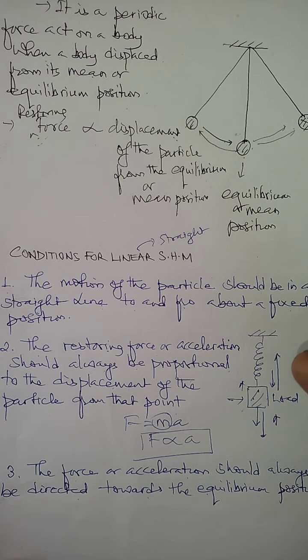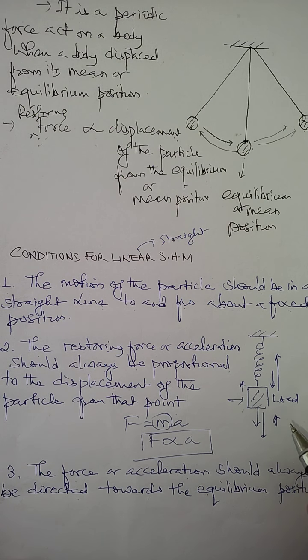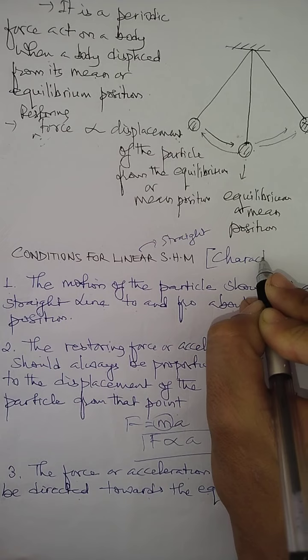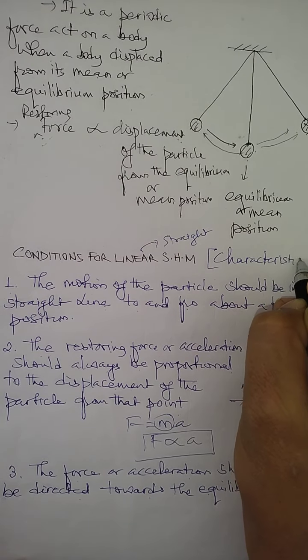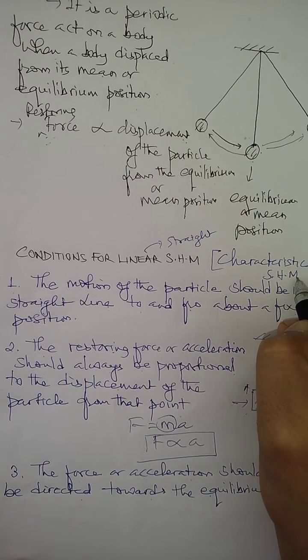Whether the body has to and fro motion, the direction of restoring force should always be towards the equilibrium position, so that the direction of acceleration is also towards the equilibrium position. Now these conditions which I taught you are the characteristics of simple harmonic motion, SHM.